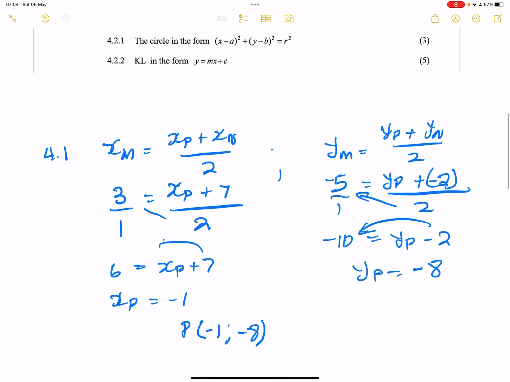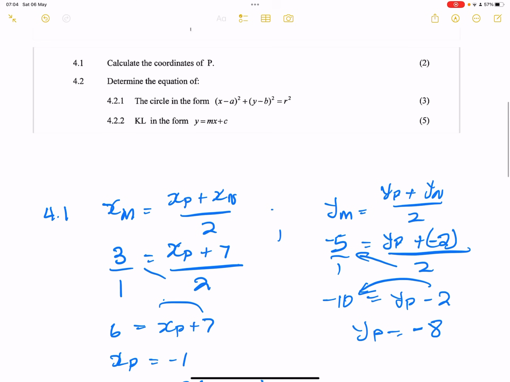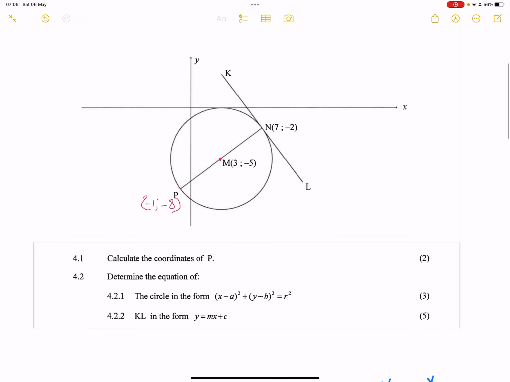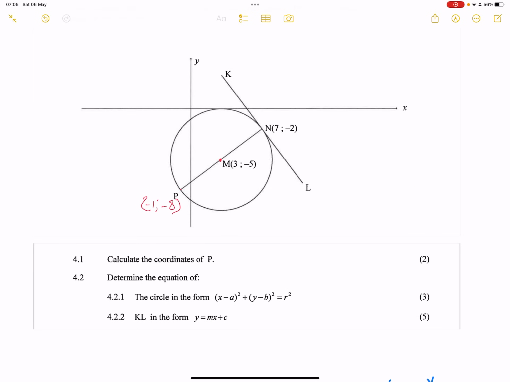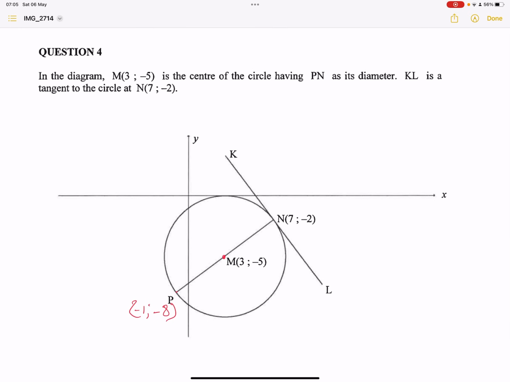Now, the next question, they say determine the equation of the circle in the form (x - a)² + (y - b)² = r². Well, we already have the center, so we know what a and b are. All we need to do is calculate the value of r, by determining the distance.